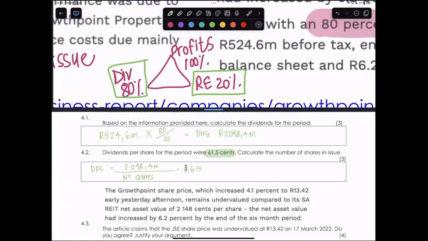Always make a point of taking your cents and turning it into rands so that you don't get confused in your calculations. You can then solve for X and see that the number of shares would be 3,412,032,520 shares.